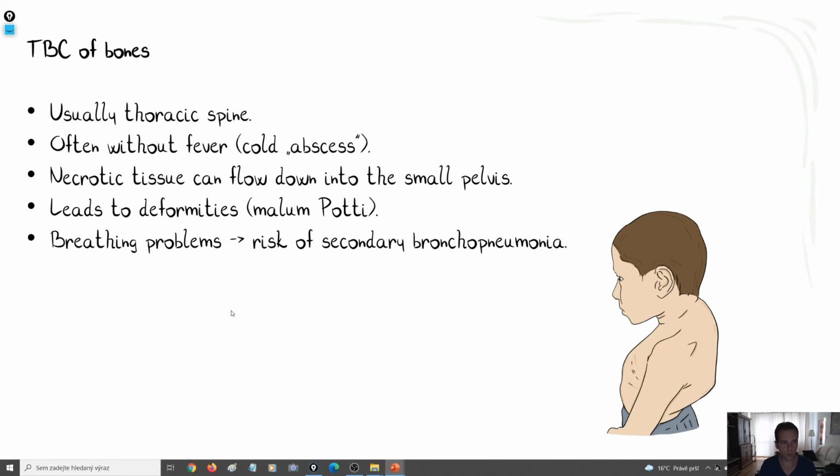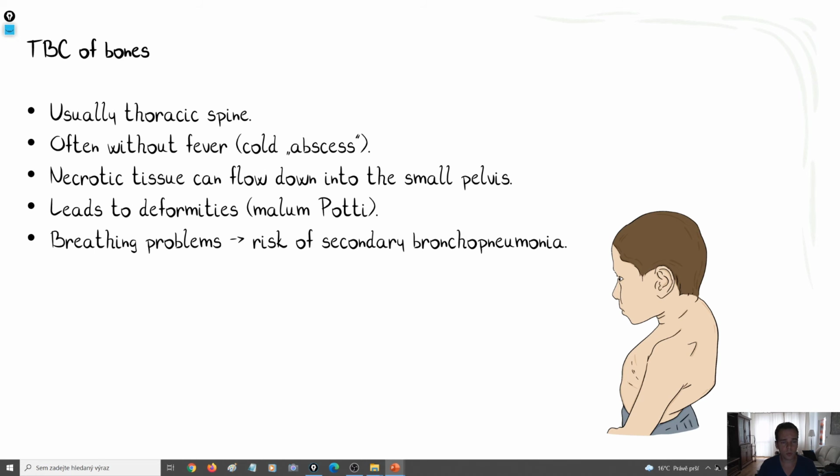TBC can affect also bones. Usually the thoracic spine is affected, and very often there is no fever. The disease is chronic by definition, and usually the progression is slow and the symptoms are vague, non-specific, and there is no fever.